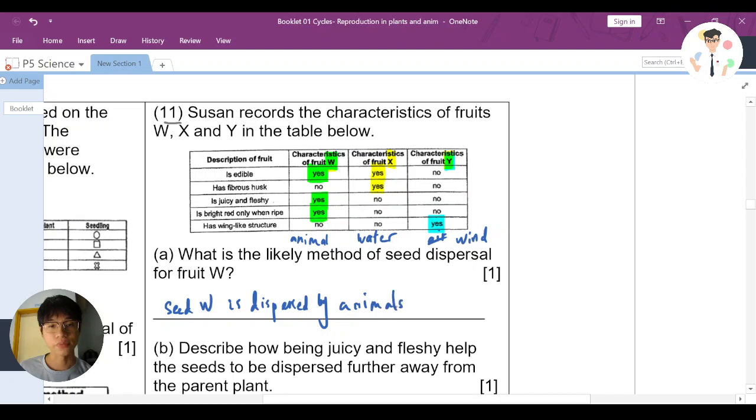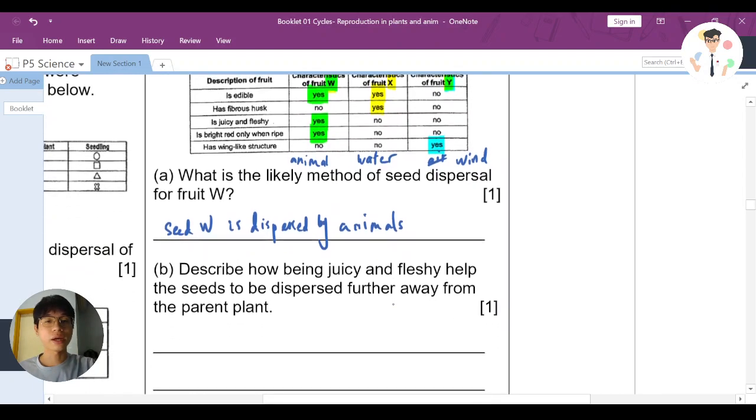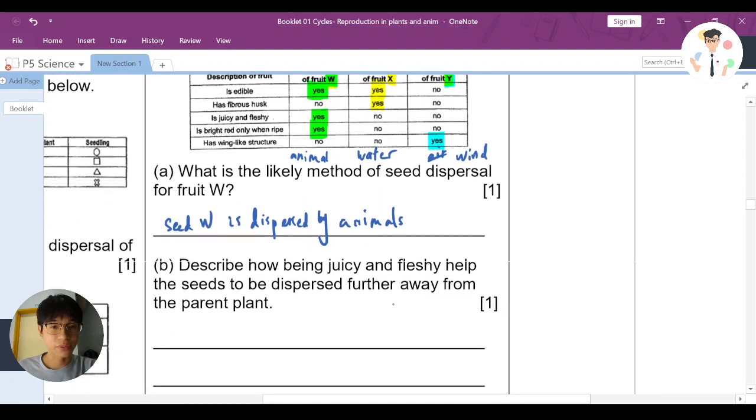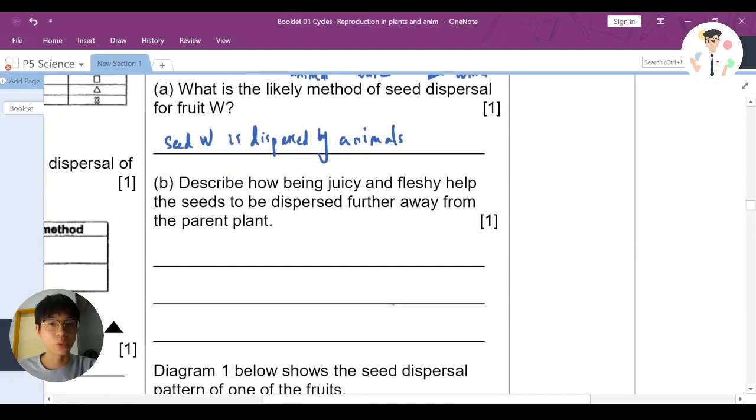So the next question, B. Describe how being juicy and fleshy helps the seeds to be dispersed further away from the parent plant. We know that being juicy and fleshy will attract animals to eat the fruit.